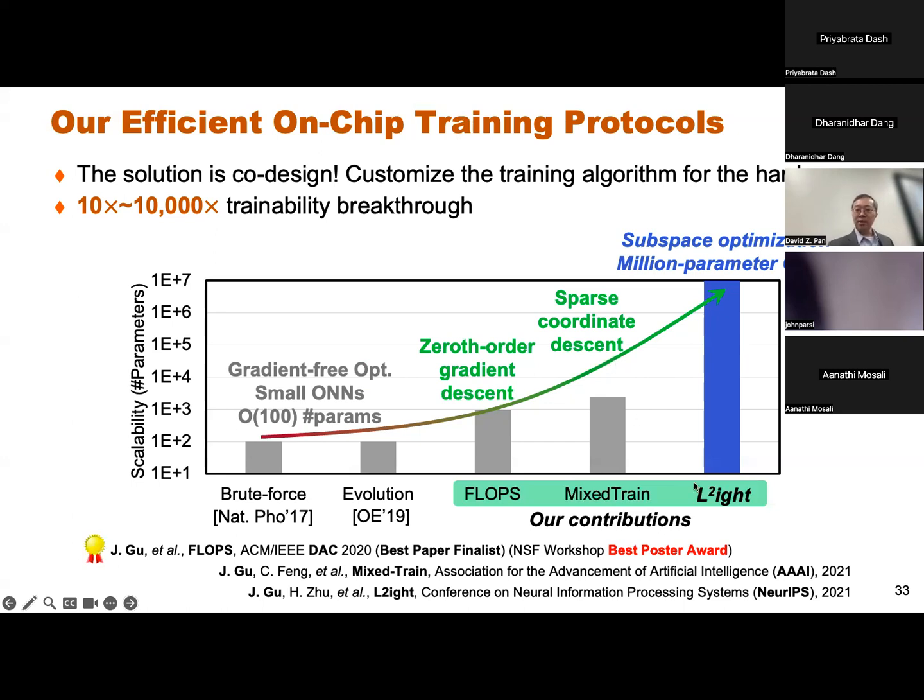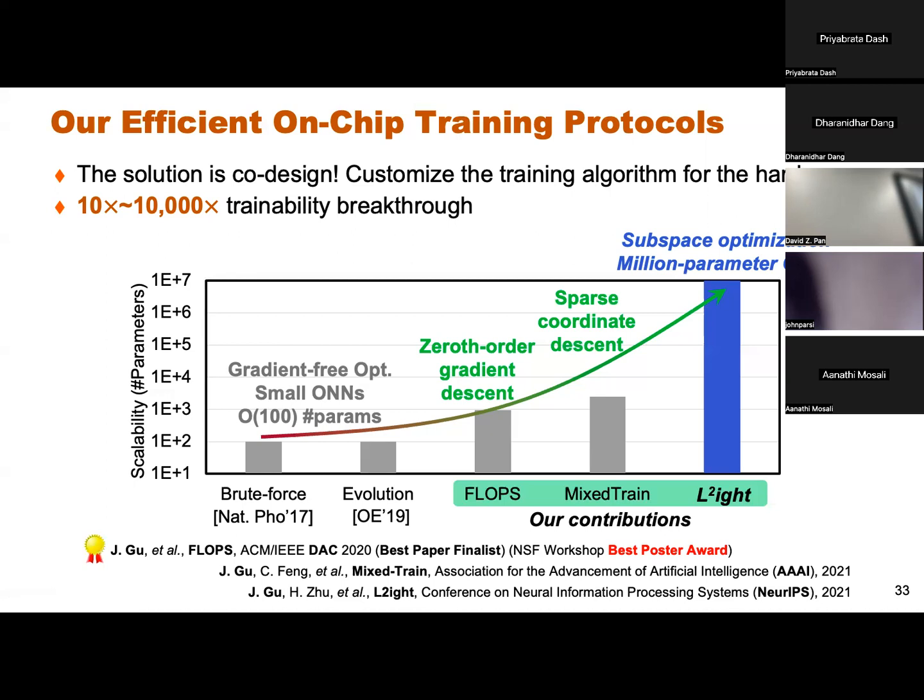And then this L2ight is a work that we published at NeurIPS. It's using first order training to get the feedback. So you can train a lot more, because remember, we are doing on-chip training, you only have so many devices, and then you won't be able to train so many parameters.